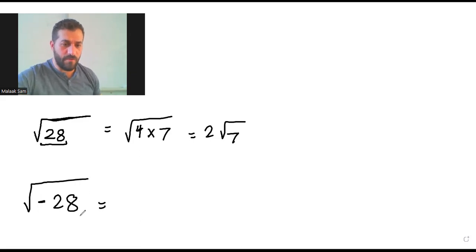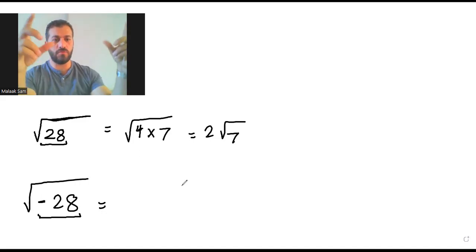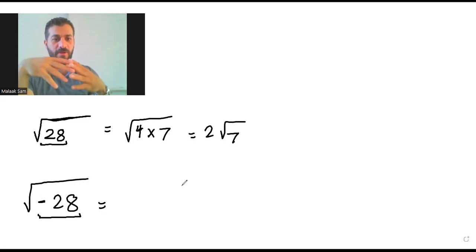It's a math error on the calculator because, again, there are no two numbers which are the same that, when multiplied together, give negative 28.